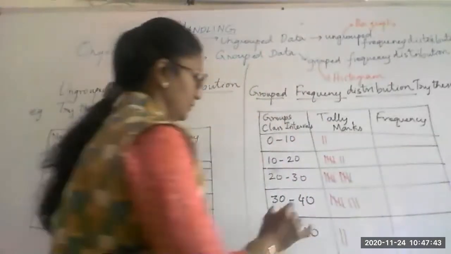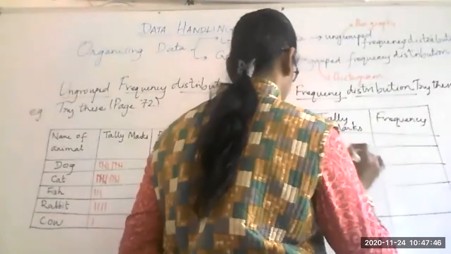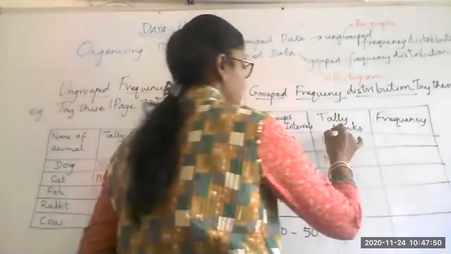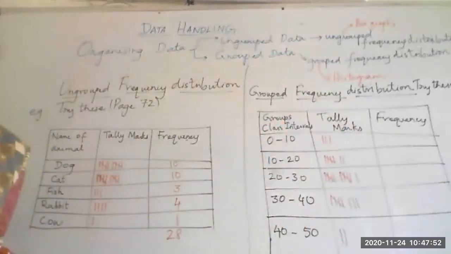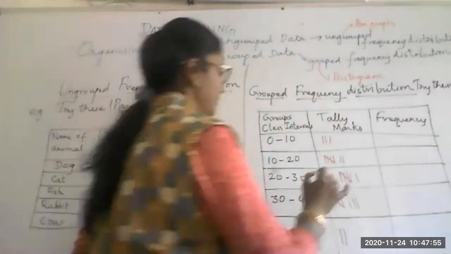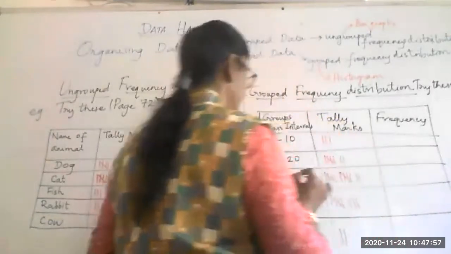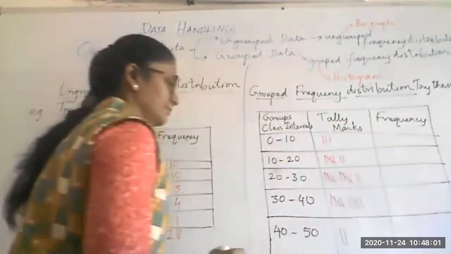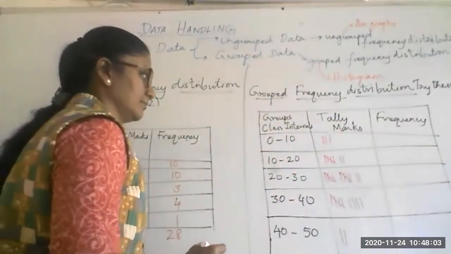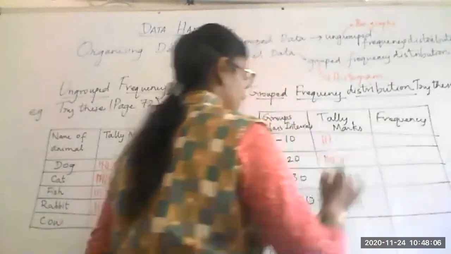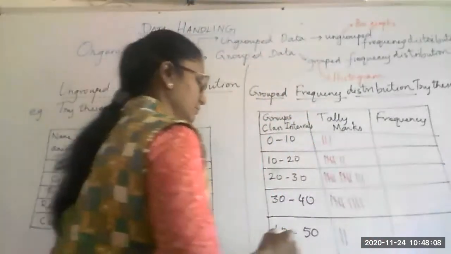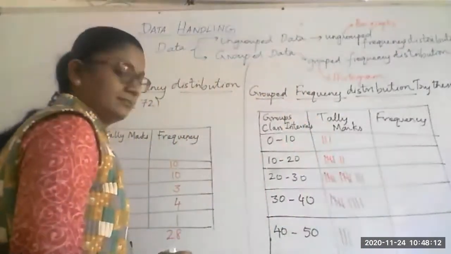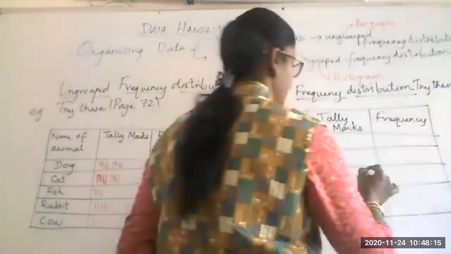Third group. 10. First group. Next. 27. Third group. 39. Fourth group. 28. Third group. 49. Fifth group. 29. Third group.